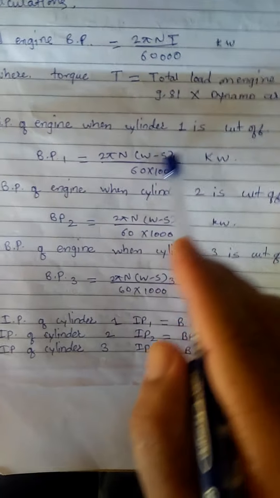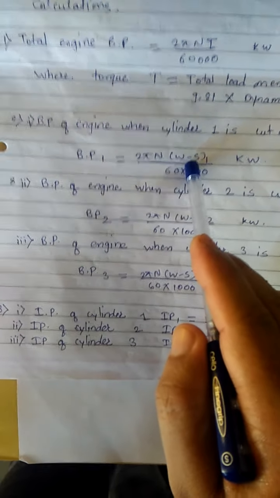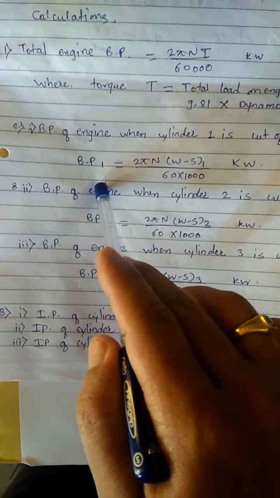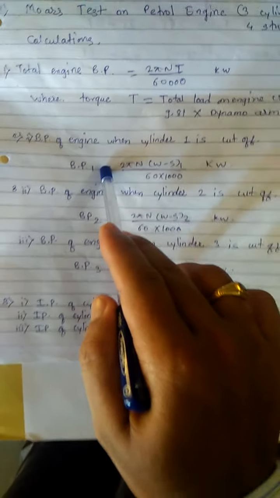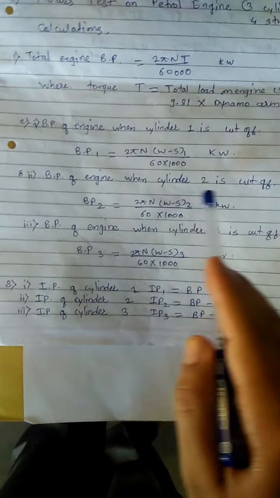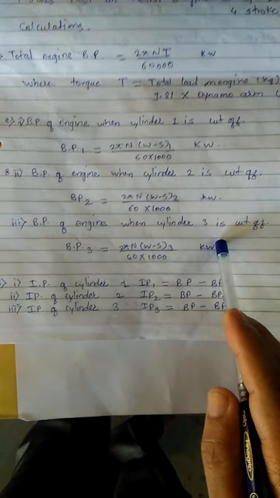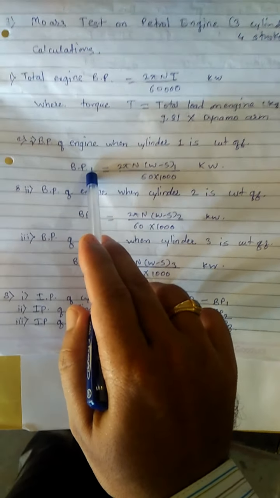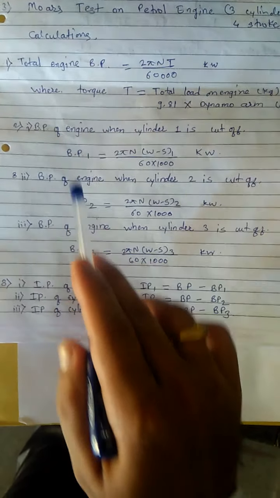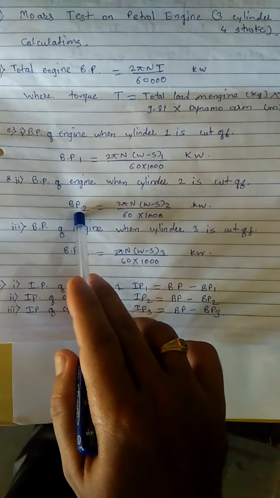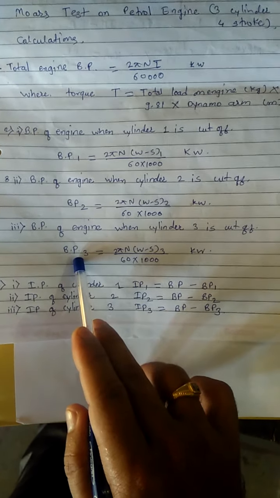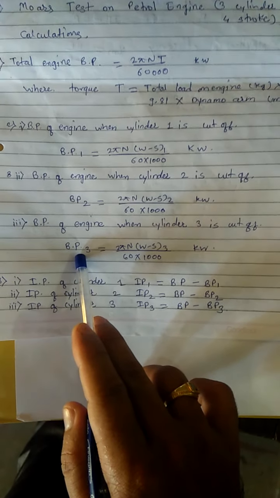By putting this load and speed value here, we get the brake power when cylinder 1 is cut off. Now we repeat the same procedure when cylinder 2 is cut off and when cylinder 3 is cut off. Brake power 1 indicates the brake power of the entire engine when cylinder 1 is cut off, brake power 2 when cylinder 2 is cut off, and brake power 3 when cylinder 3 is cut off.